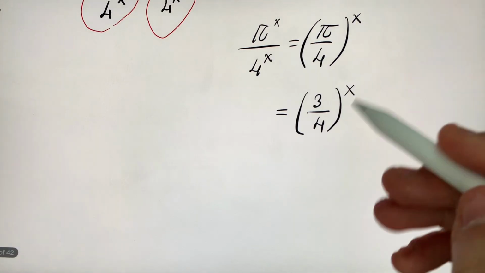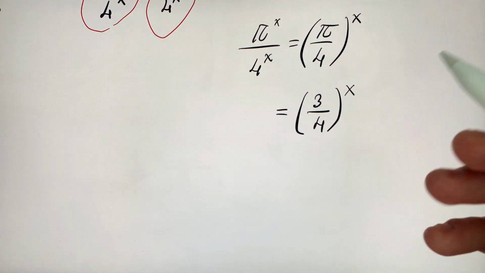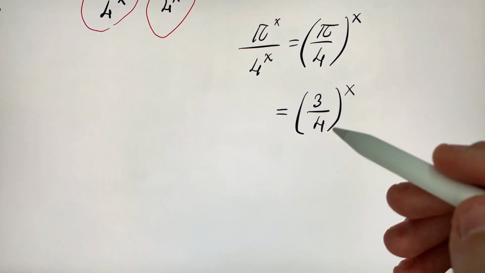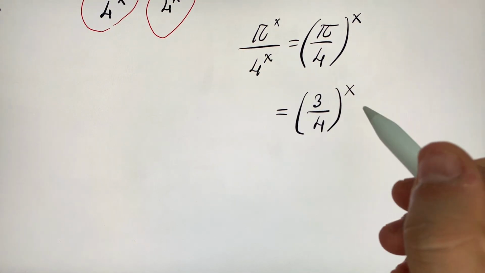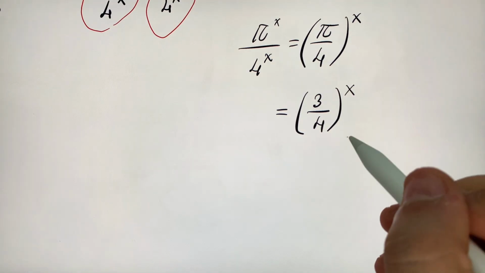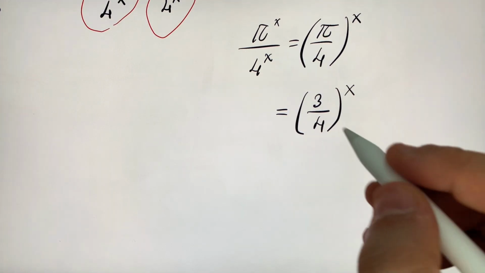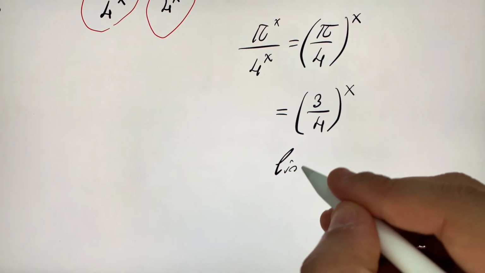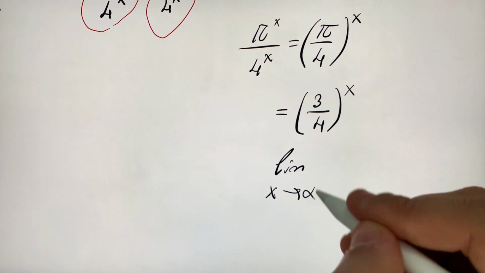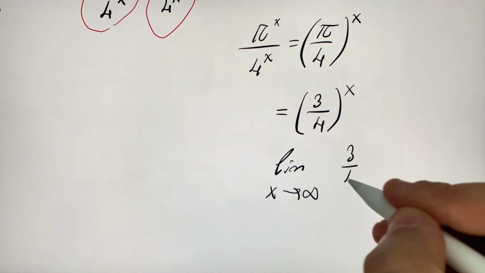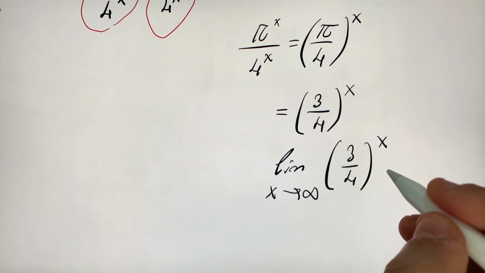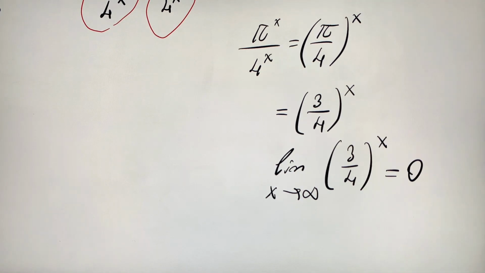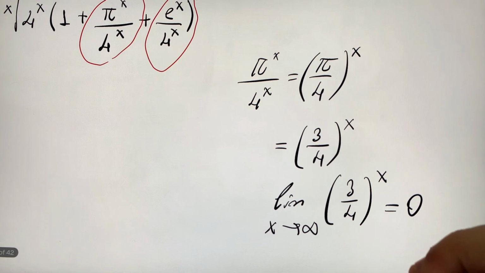Infinity. The numerator will increase as powers of 3, the denominator will increase as powers of 4. So let's think about what will happen. The denominator becomes the larger number, so when you take the limit as x goes to infinity of (3 over 4) to the x, 0 will come out.